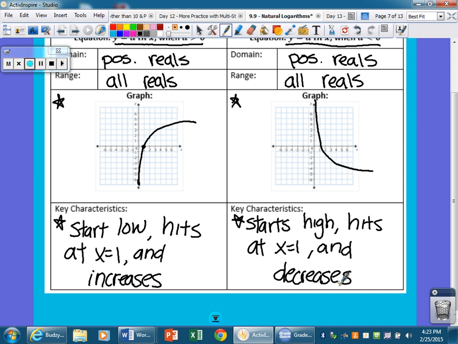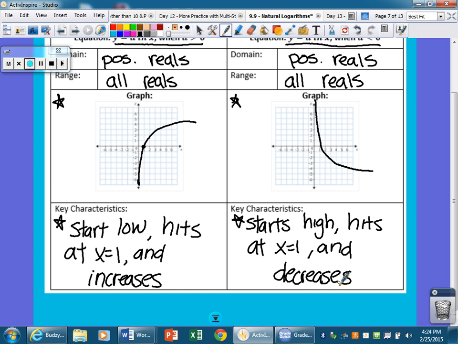Notice the differences between the graphs. A question might give you an equation and 4 different graphs, and you have to decide which graph goes with which equation. So you have to think about the key characteristics, whether it's increasing because a is positive or decreasing because your a is negative.